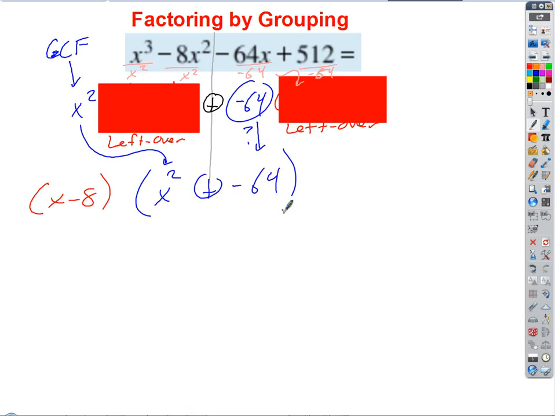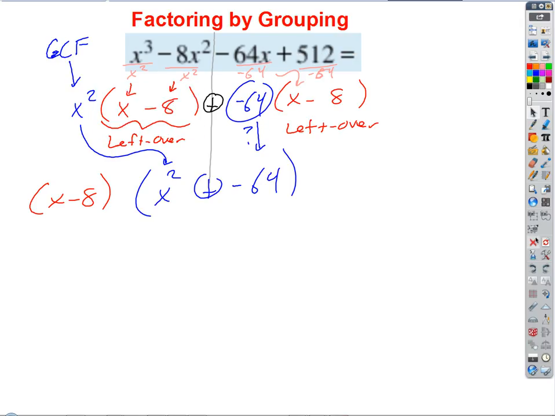Okay, so that's helpful. Another way to think about that would be, all I did was take each of these groups, each of these terms, and divide by x minus 8 so they canceled, right?